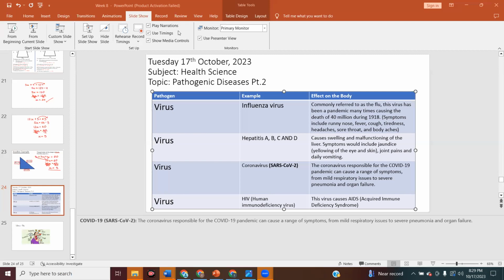Santos. Yes, sir. What was responsible for COVID-19? A virus, a bacteria, or fungi? Virus. Very good, a virus. Sabria, what was responsible for COVID-19?